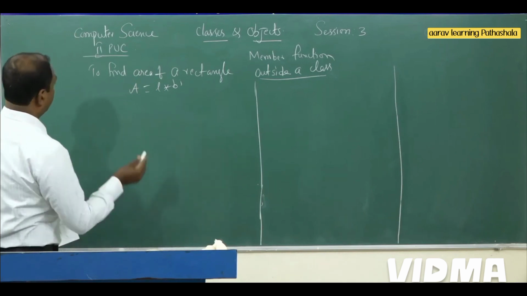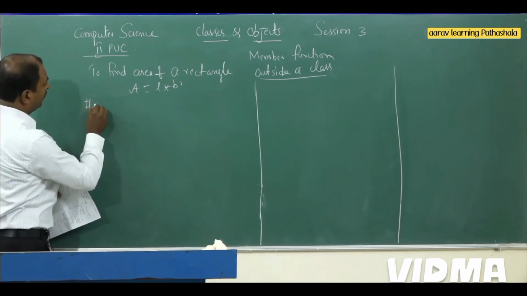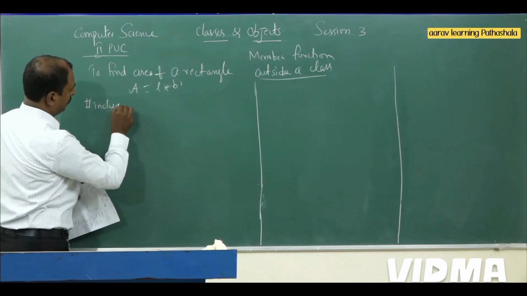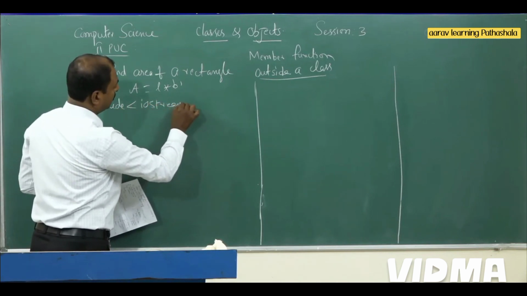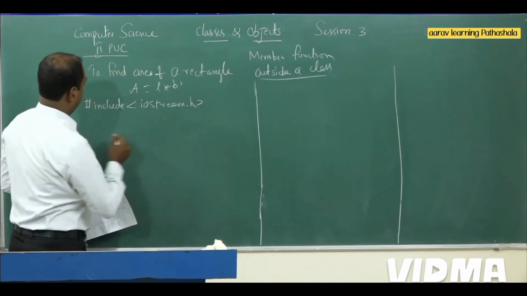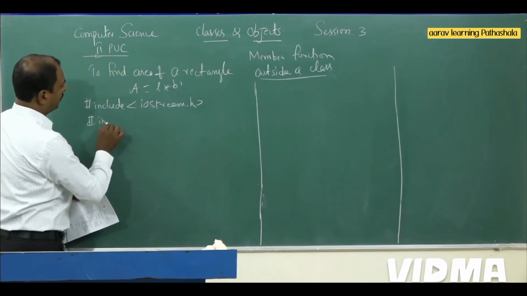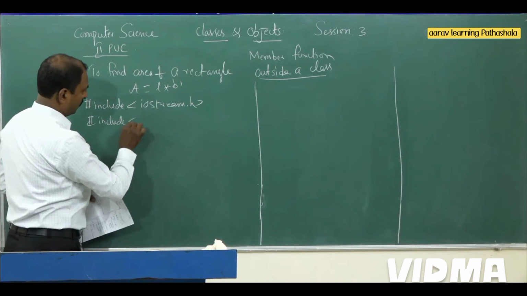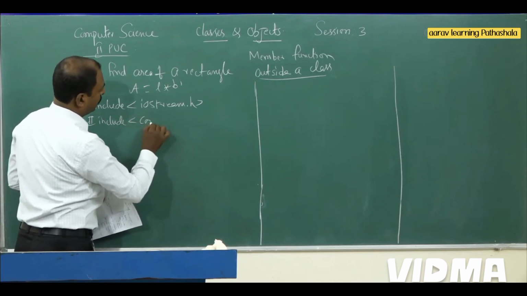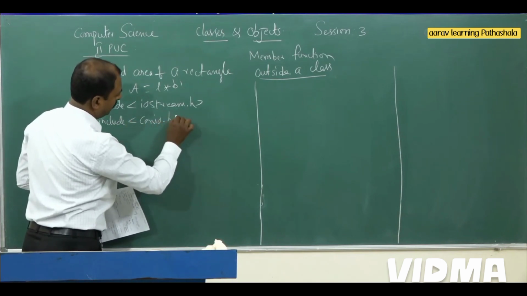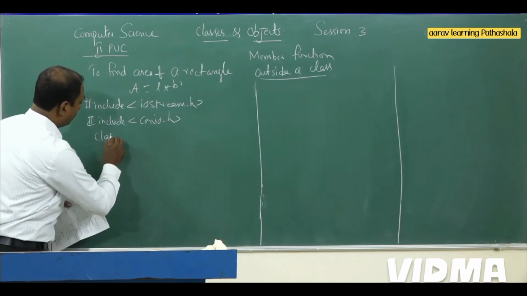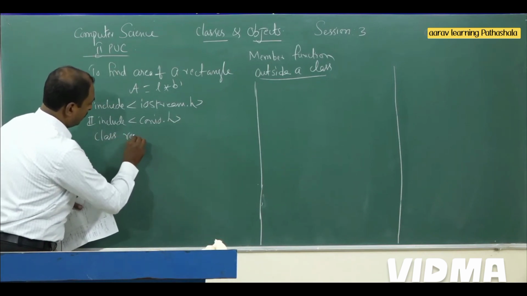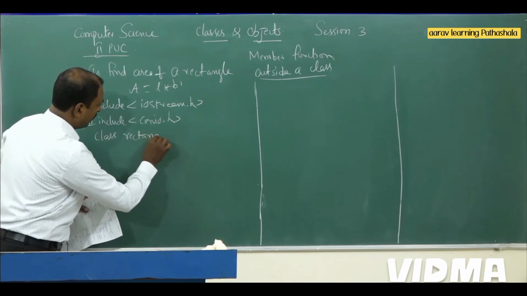We'll start with header files: hash include iostream.h, hash include conio.h. We'll start with the class definition, class rectangle.